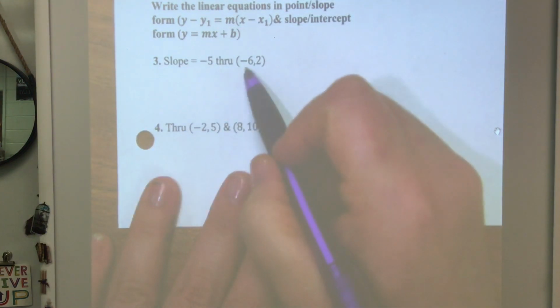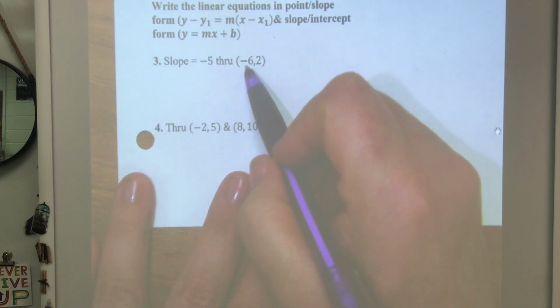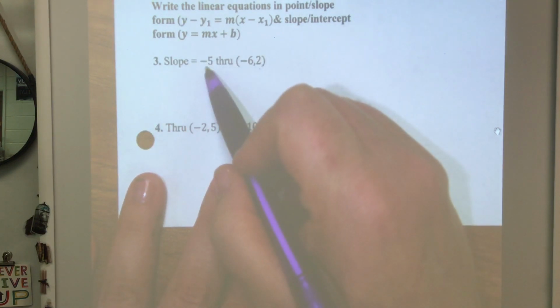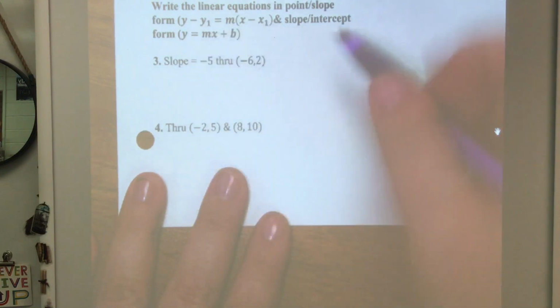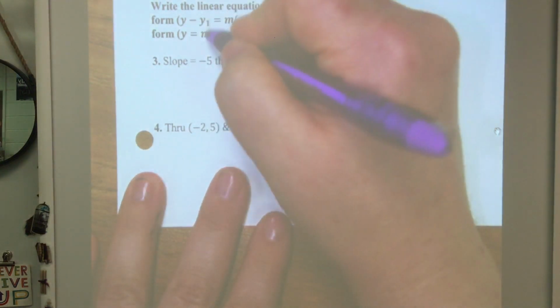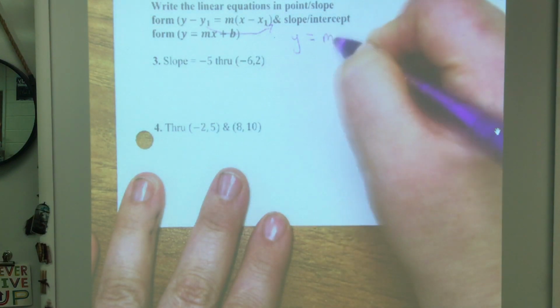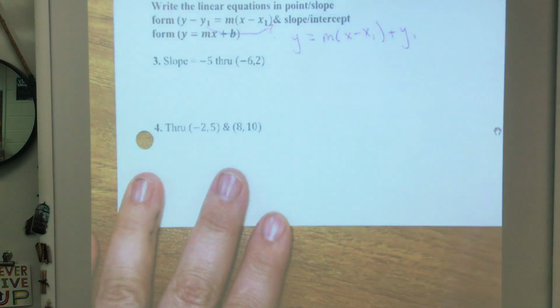Okay, so we have our slope through a point, -6, 2. This is a point and a slope, so I'm going to put it in point-slope formula. It gives me this one up here, but I like to move my y over to this side and get y equals m times x minus x1 plus y1.